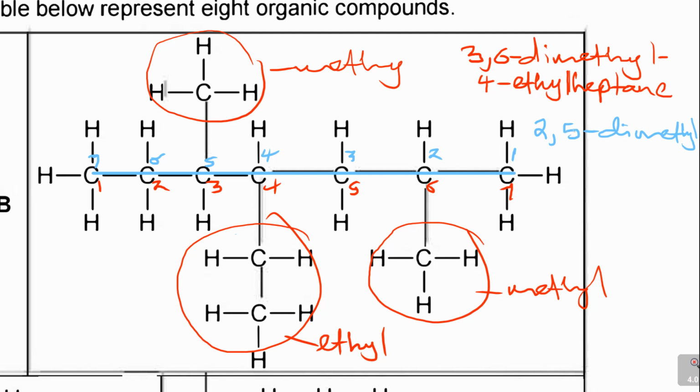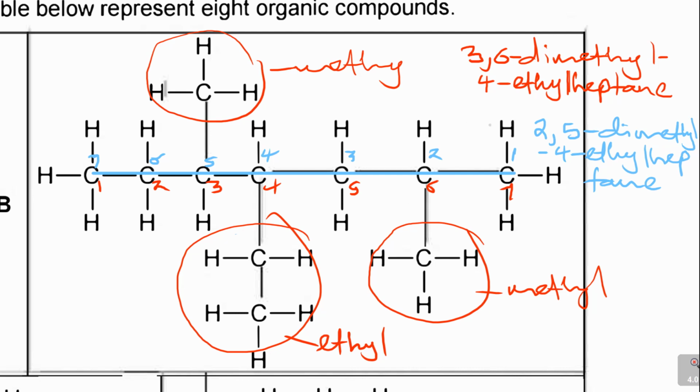It's still the same, di, because there are 2, and then hyphen. Now where is our ethyl? It's in carbon number 4, and then again hyphen. So 4-ethyl, and then the same word, remember, is heptane. Heptane must be one word. Remember, you're writing this on a straight line.